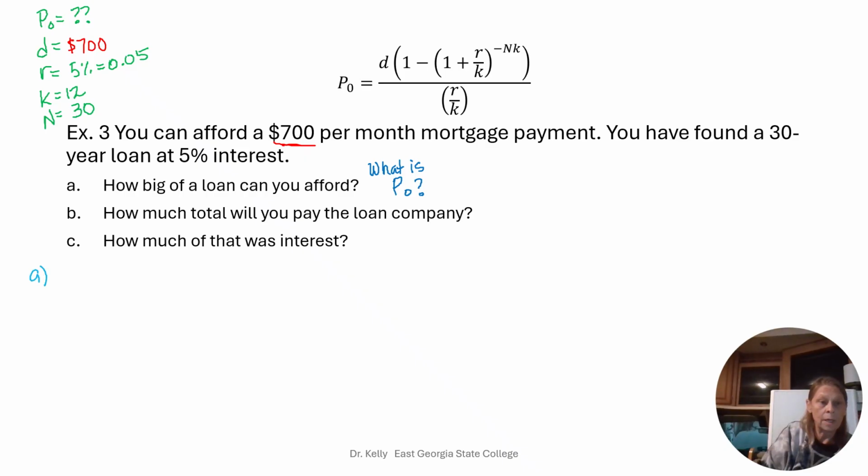So for part A, we are going to have P naught is equal to 700 times 1 minus 1 plus 0.05 over 12 to the power of negative 12 times 30.